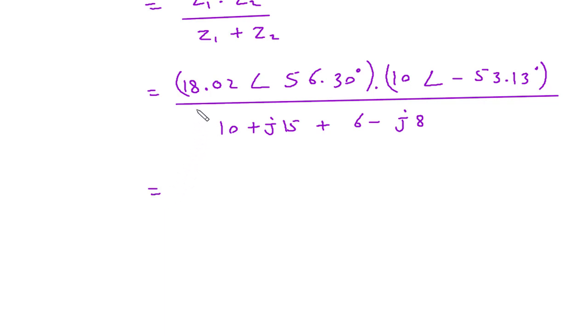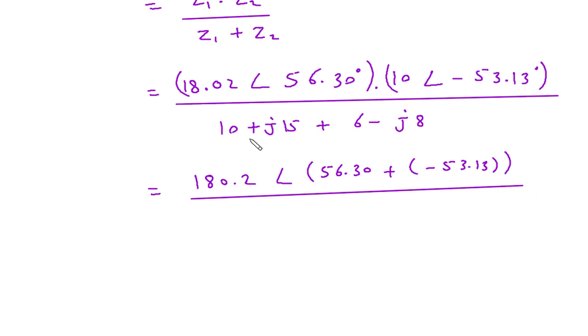Now we will simplify this. So it will be 18.02 multiplied with 10. So it will be 180.2 at an angle of, now this will be 56.30 plus minus 53.13, and then we will divide this by, so this will be 10 plus 6, 16, then this will be j15 minus j8, so it will be 7 plus j7.